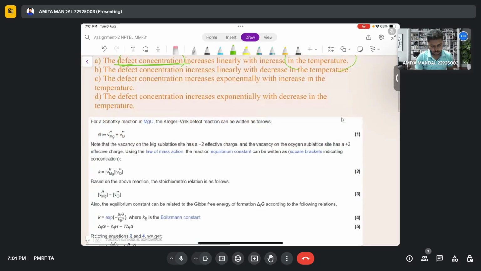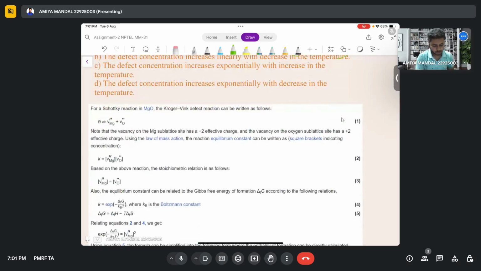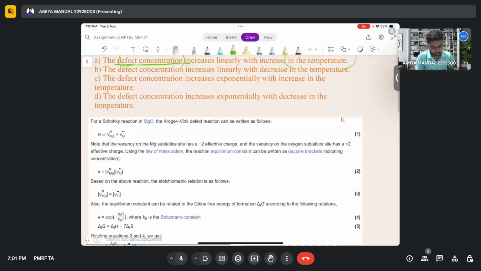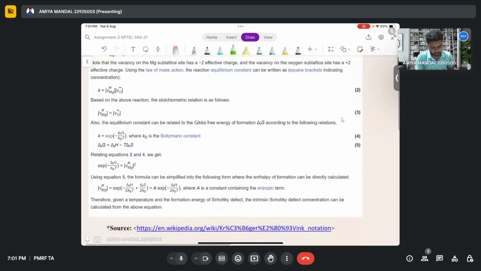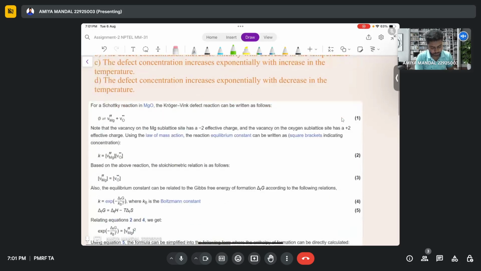So to answer this question, we have to know how the concentration is dependent. Let's solve.